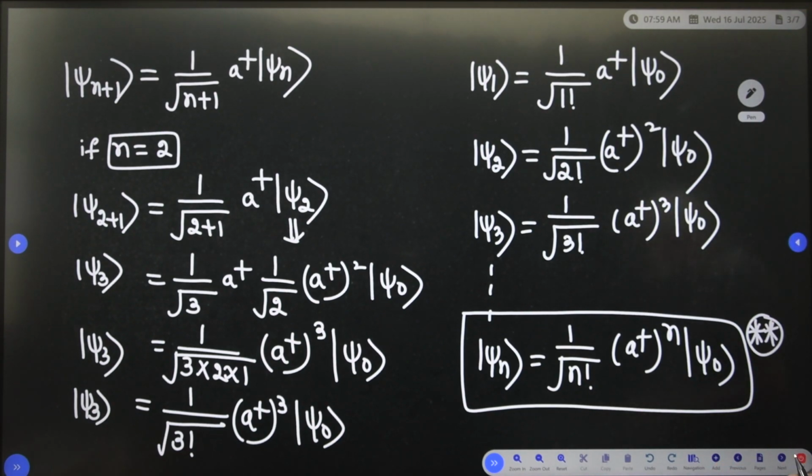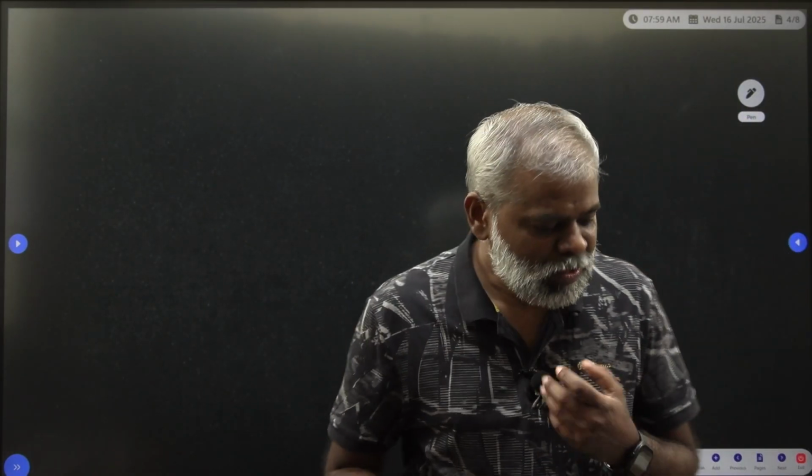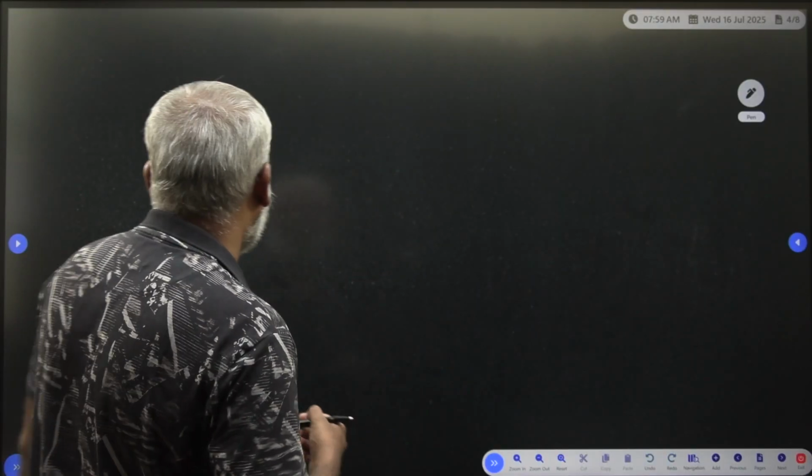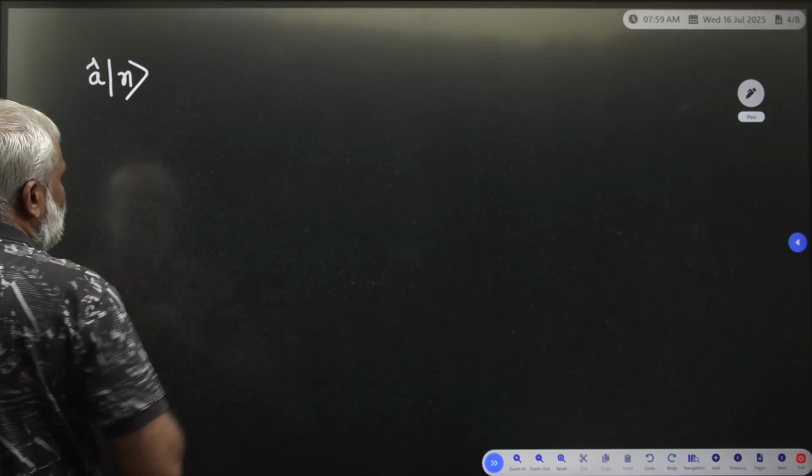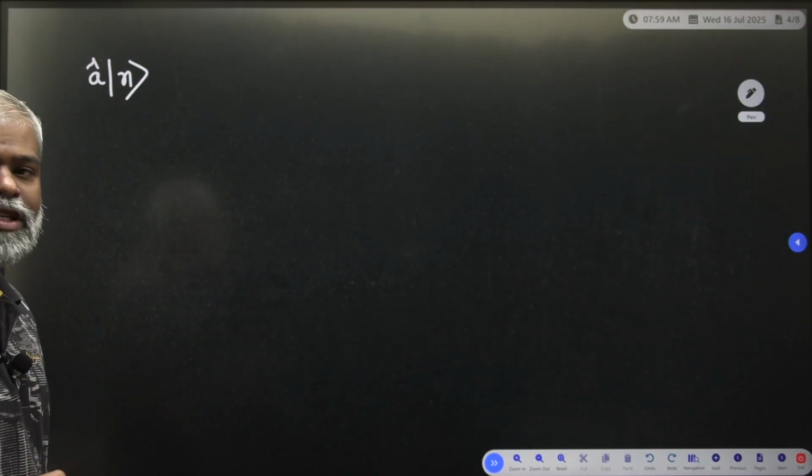So, if you want to derive the linear harmonic oscillator wave function, first any lowering operator you have to operate on ket n. So, what is going to happen?